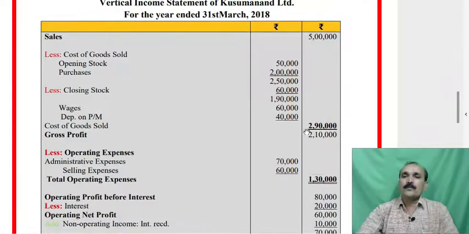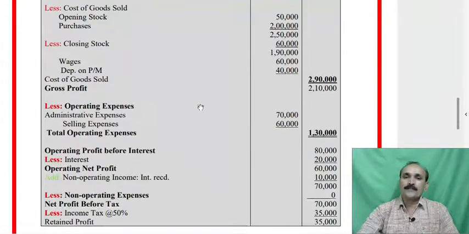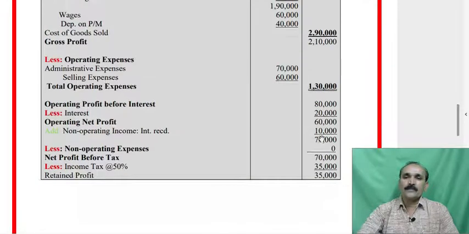After deduction of cost of goods sold from sales, gross profit is 2,10,000. Less operating expenses: administrative expenses 70,000, selling expenses 60,000, total operating expenses 1,30,000.